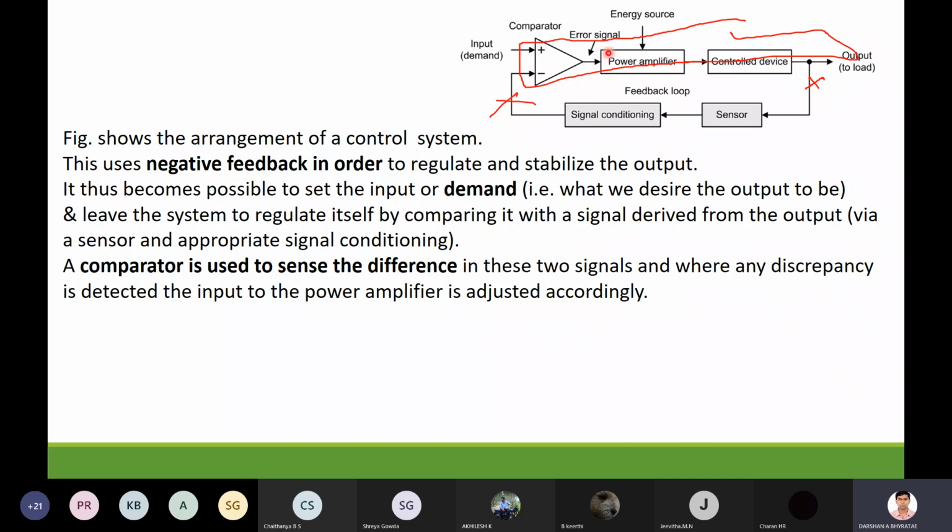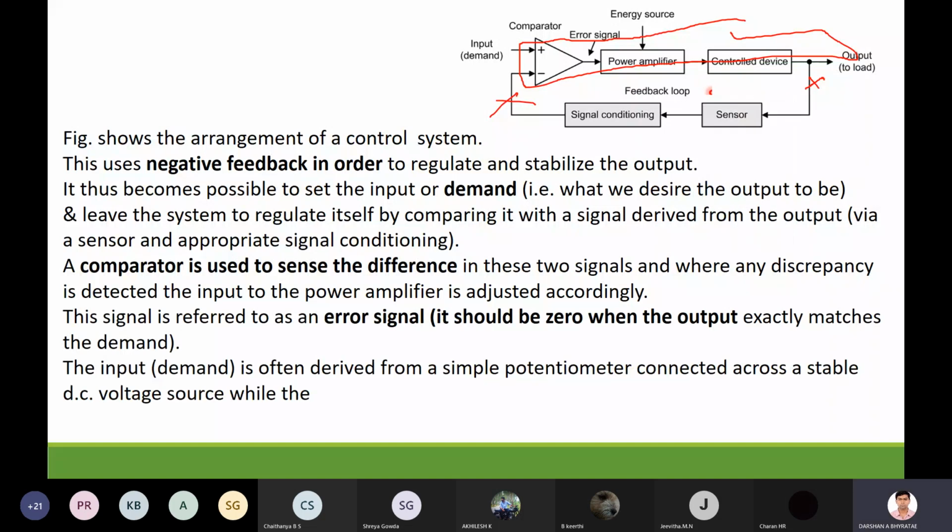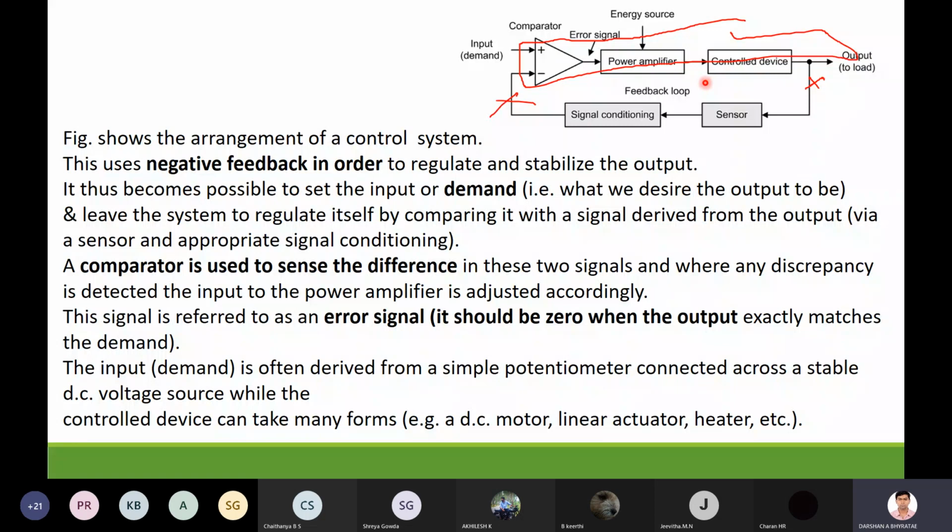On that error signal I am going to perform the amplification. Amplification is nothing but increasing the amplitude of my signal here. Why am I going to increase the amplitude? In order to achieve stability in the control device. The control device is your heater or motors; actuators, all we call the control device.